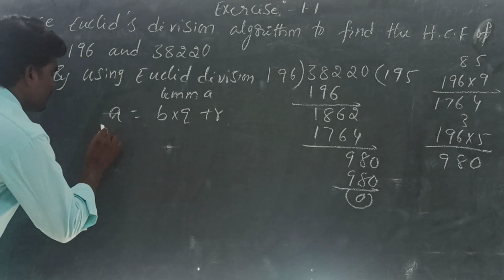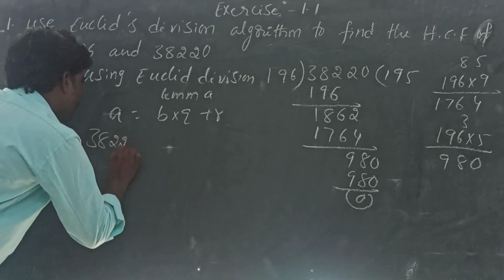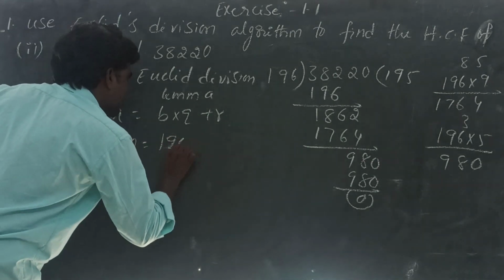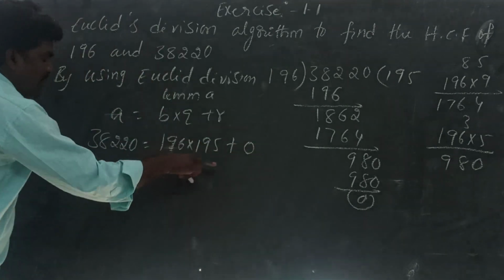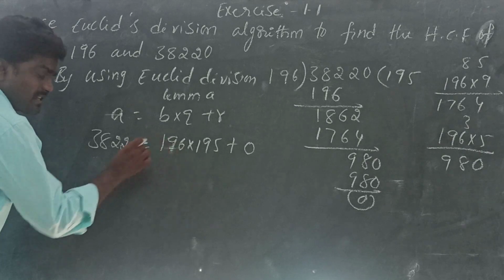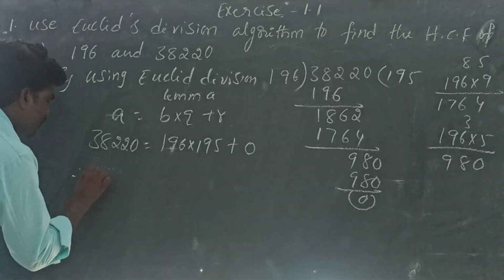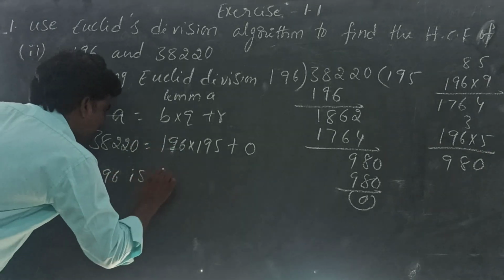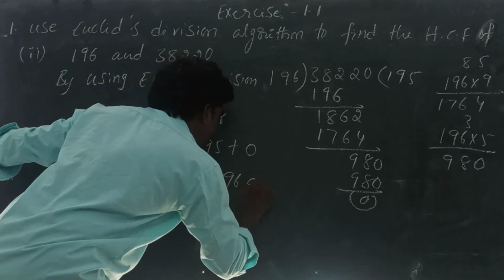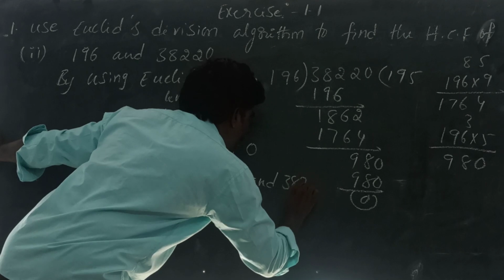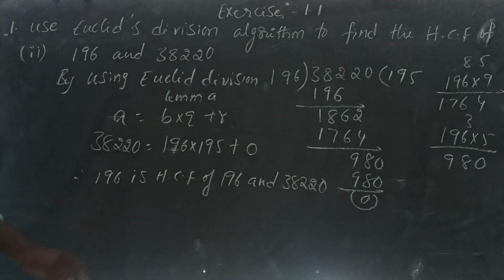Here the dividend is 38220, divisor 196, quotient 195, remainder 0. Where do we get the 0? At the divisor 196. Okay. So therefore 196 is the HCF of 196 and 38220.